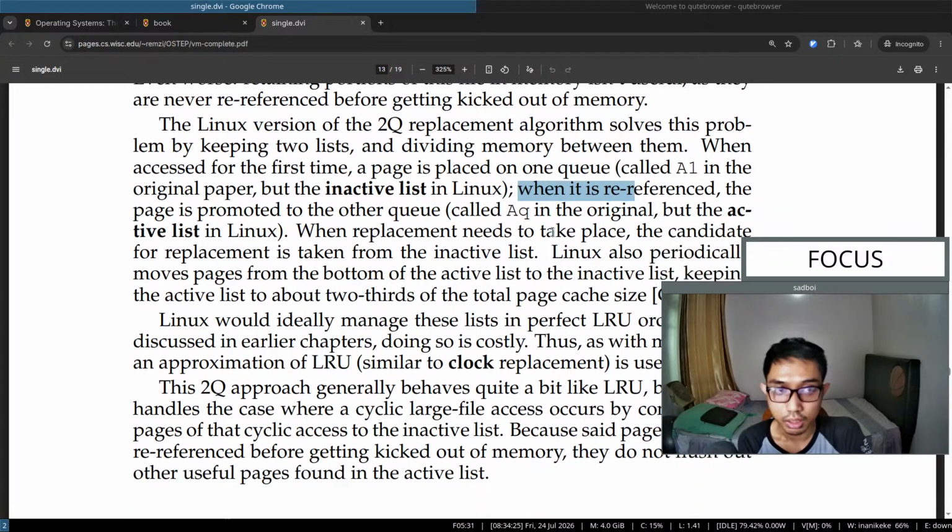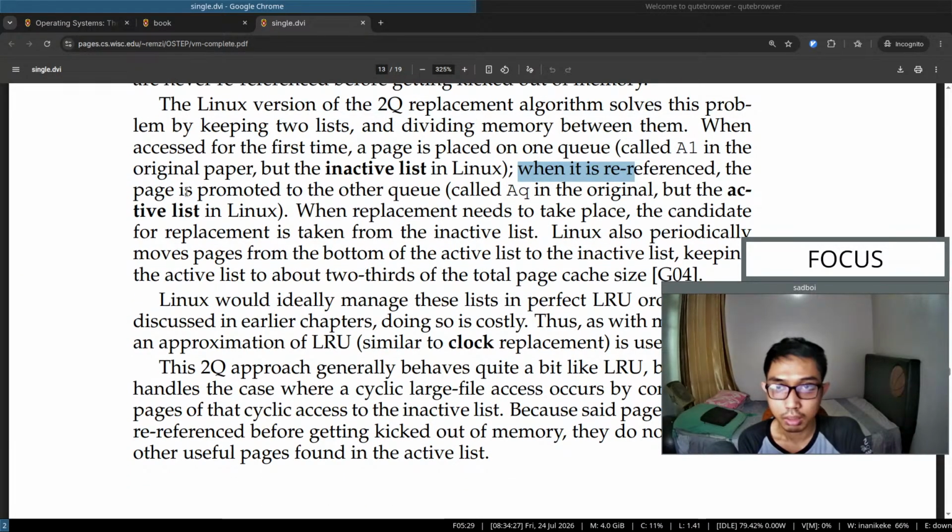When it is re-referenced, the page is promoted to the other queue, called AQ in the original paper, but the active list in Linux. When replacement needs to take place, the candidate for replacement is taken from the inactive list.